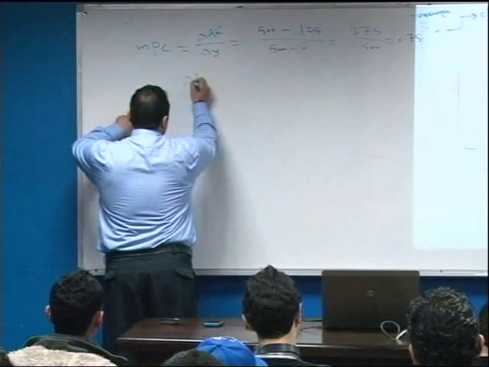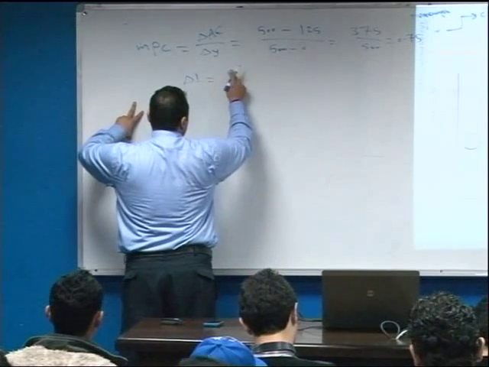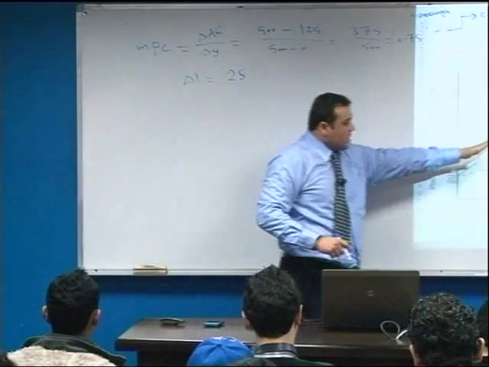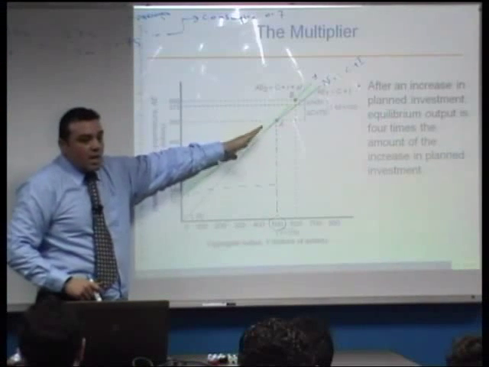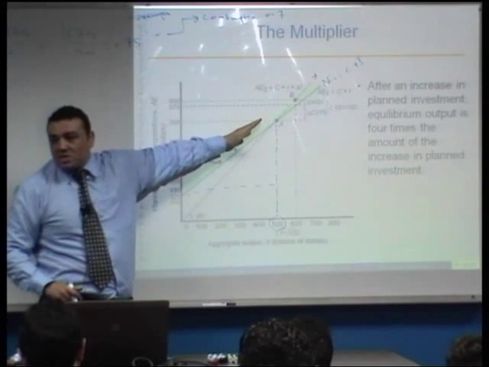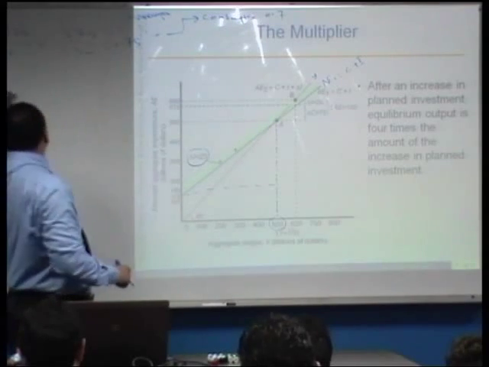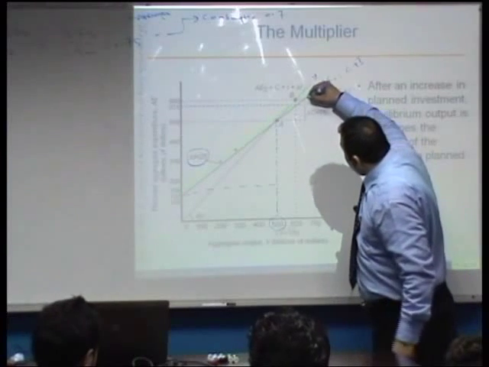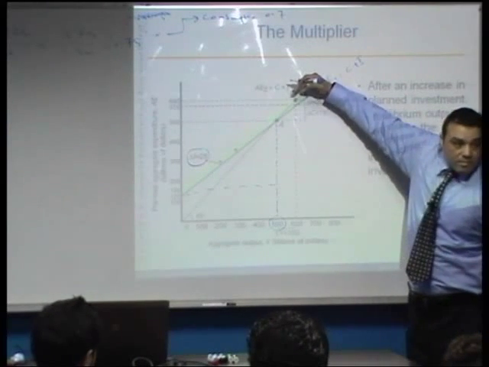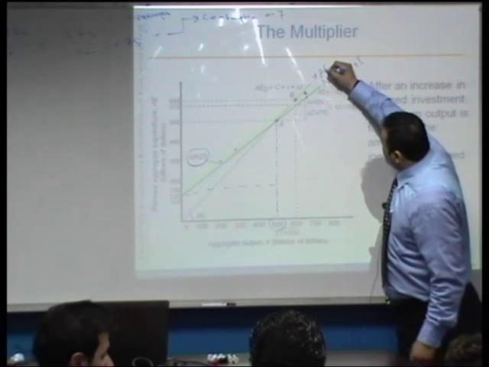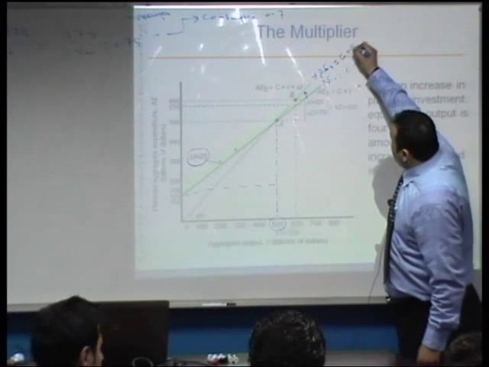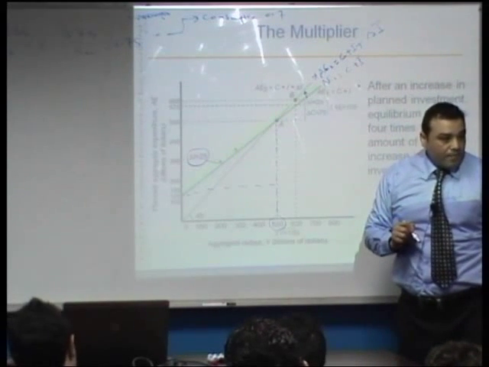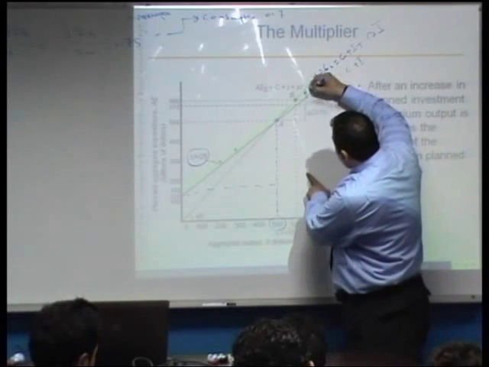Delta I, an increase in investment by $25 million. What happened? We have an increase in the aggregate expenditure function by 25, right? So here we have aggregate expenditure 2, which equals C plus I plus the increase in I, right?